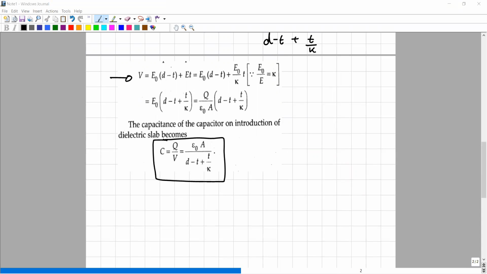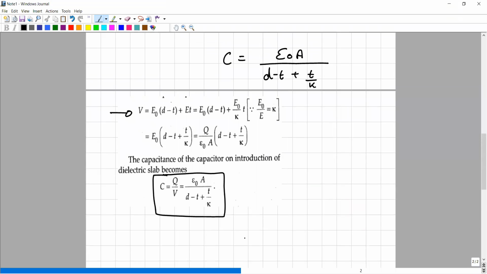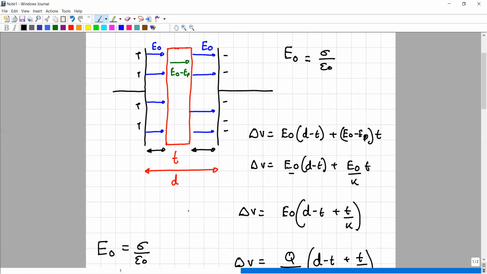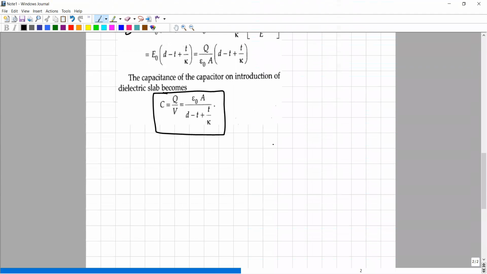Special case means, let's say we put a dielectric, but this time the dielectric is not occupying a small space, but it is occupying the whole space. That means something like this. You have this as a capacitor plate, and your dielectric is occupying the whole space.